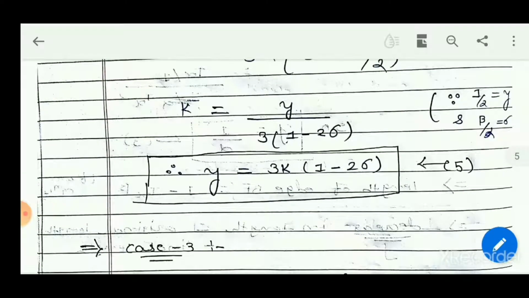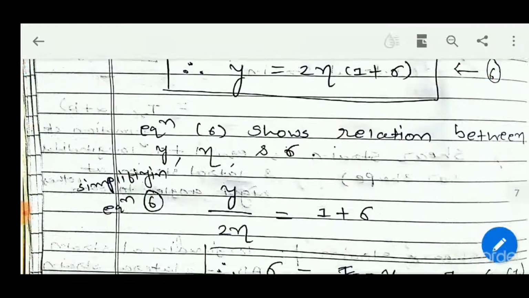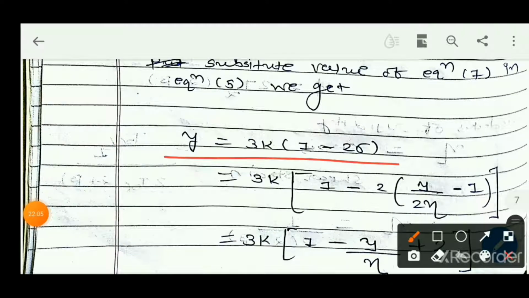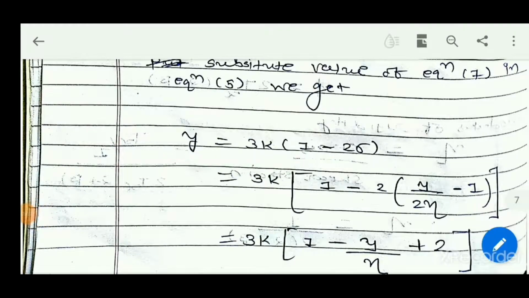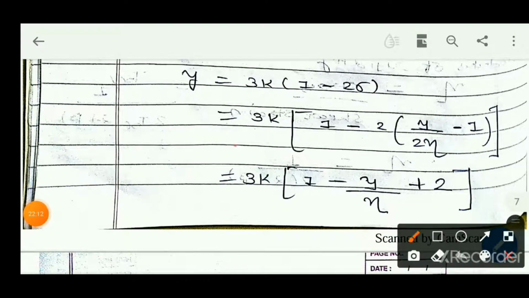yes, here it is. Y is equal to 3k 1 minus 2 sigma. So Y is equal to 3k 1 minus 2 sigma, okay, and we put the value of sigma in this, so it becomes 3k 1 minus 2 sigma is equal to Y upon 2 eta minus 1.